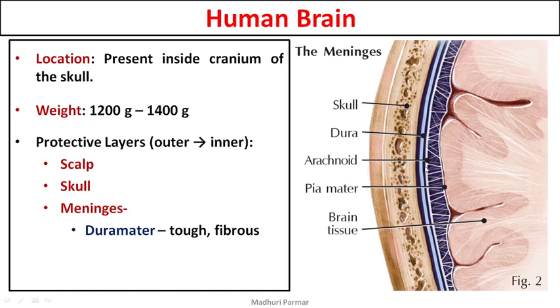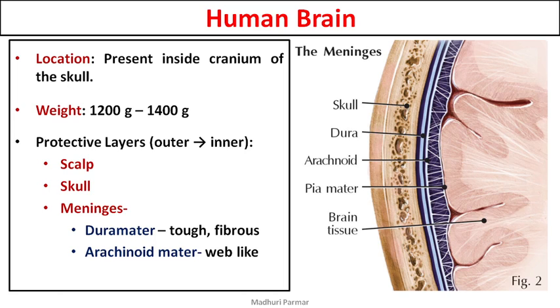After Dura Mater comes the next layer, which is known as Arachnoid mater. Why is it called Arachnoid? The subclass of spiders is known as Arachnida. Wherever you hear the term, it means spiders.